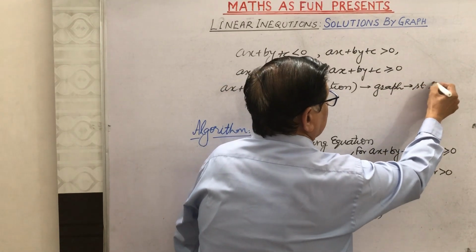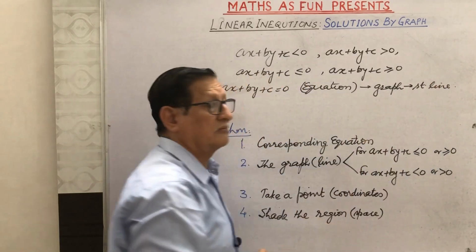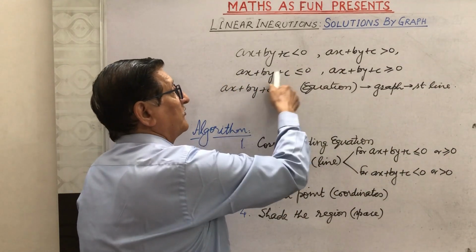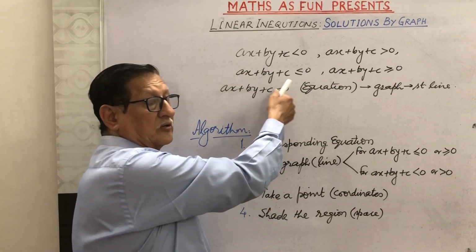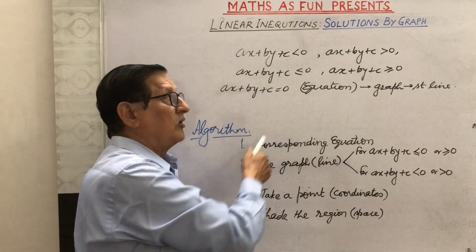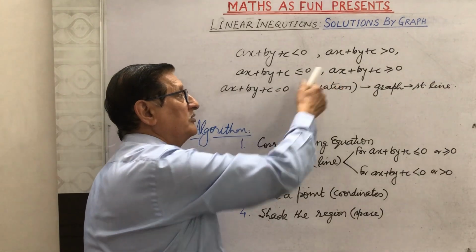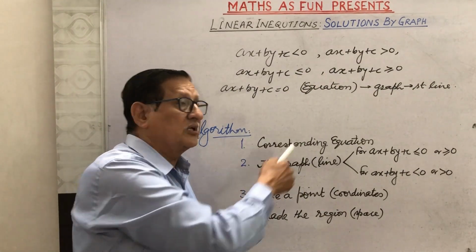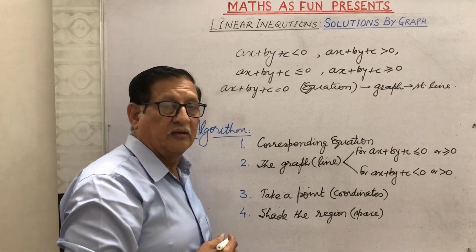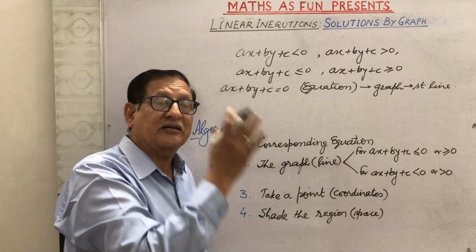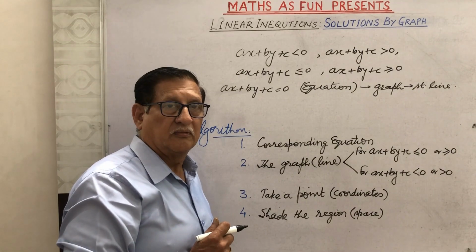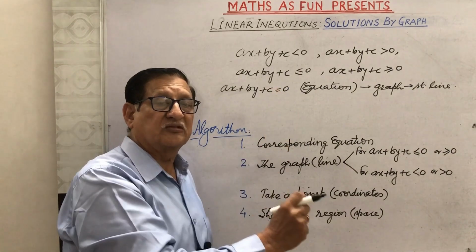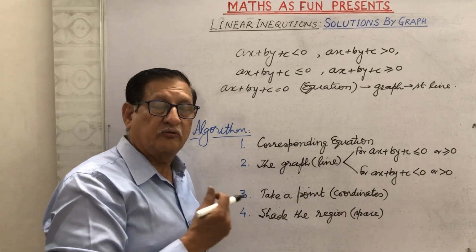In case we want to draw the graph of them, first we will take the corresponding equation of any of the inequalities, and then draw the line on the graph. That line divides the xy plane into two regions. They are known as the spaces of the solution of the equation.